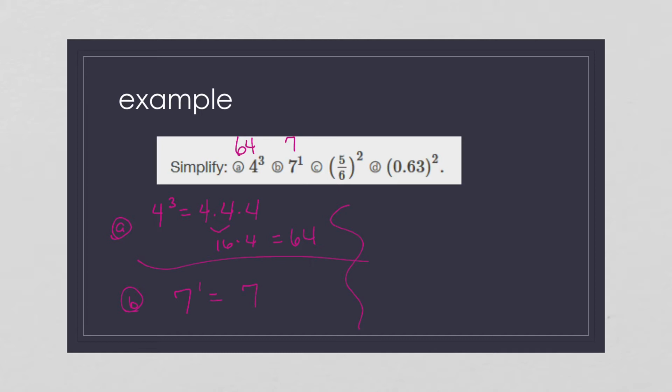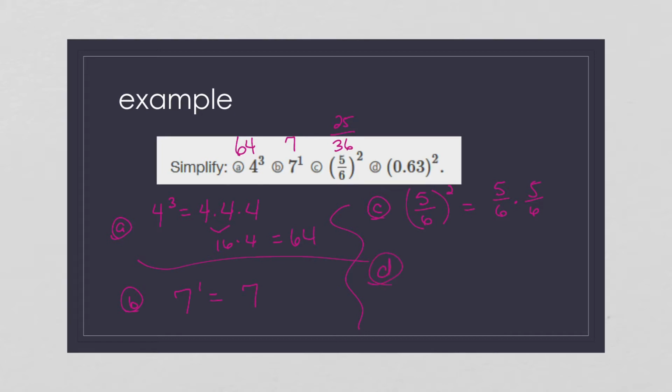Part C, 5/6 to the second power, or you could say 5/6 squared. That's kind of a mouthful, but you could say it. 5/6 times 5/6, which would be 25/36.